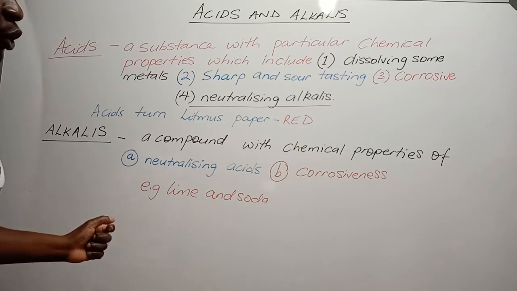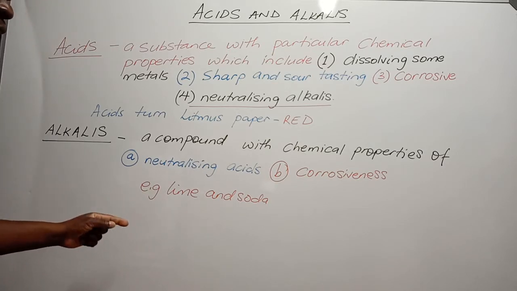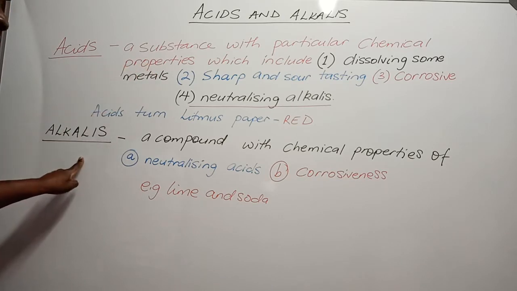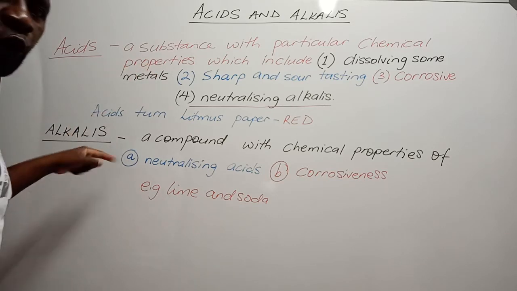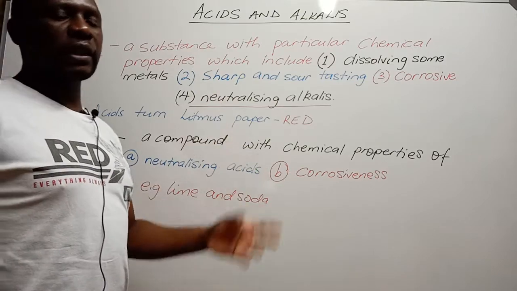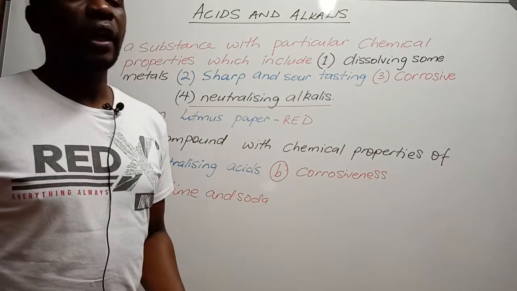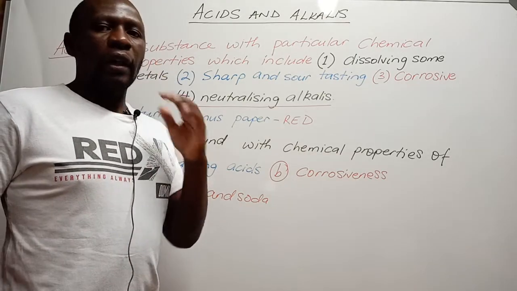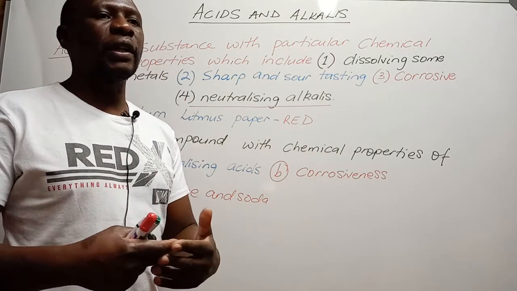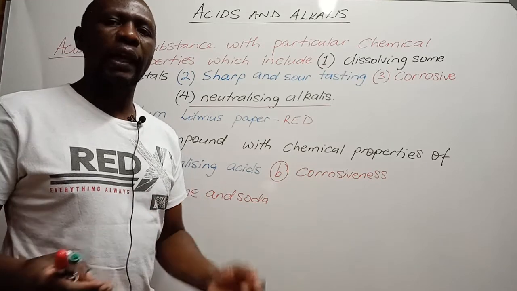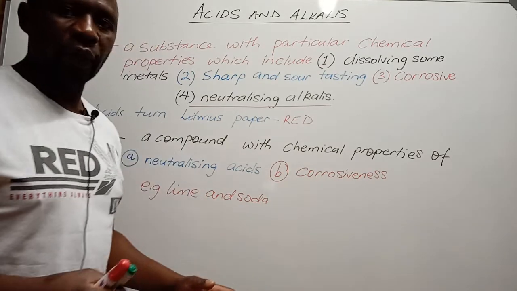So let's go back to the statement when we were saying acids neutralize alkalis. Alkalis also neutralize acids. If you have relatives who have farms, if you talk to them, they will tell you that when the soil becomes too acidic, they neutralize it by adding lime to the soil.